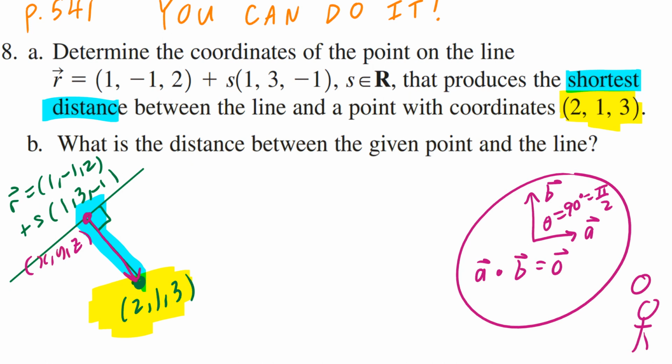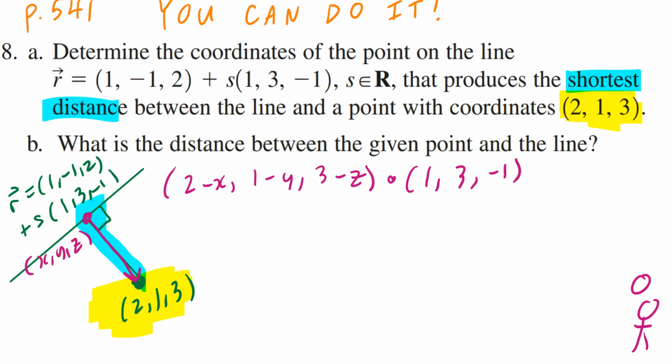So in this case, this vector is going to be 2 minus x, 1 minus y, 3 minus z. And you have to dot this to the direction vector 1, 3, negative 1. And again, this means the dot product must be 0.